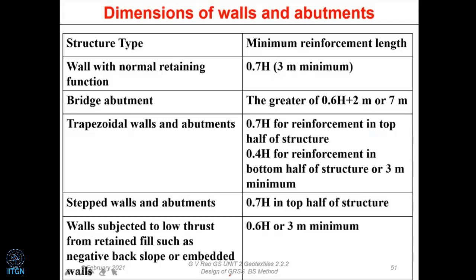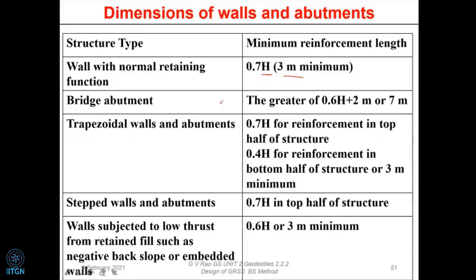Obviously, for a simple wall, it's going to include the foundation also. And for sloping surcharge, we have seen also, it will involve part of the slope height also. So H is considered together: part of the sloping height, the actual height of the wall, and then the foundation depth also. All of them are considered in getting the value of H. So 0.7 times H with a minimum value of 3 meters.